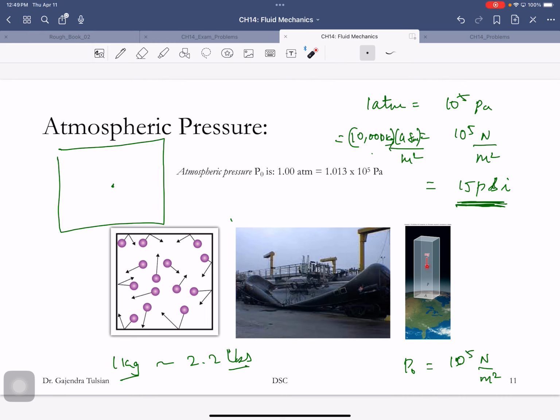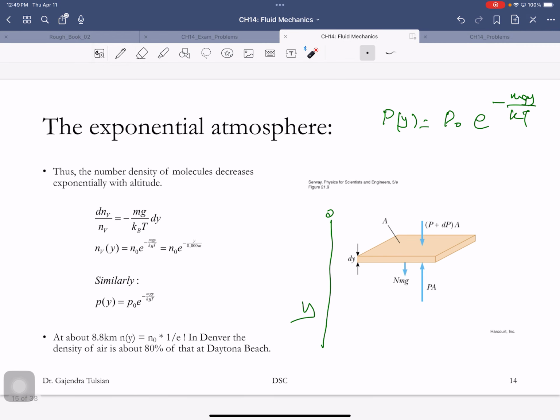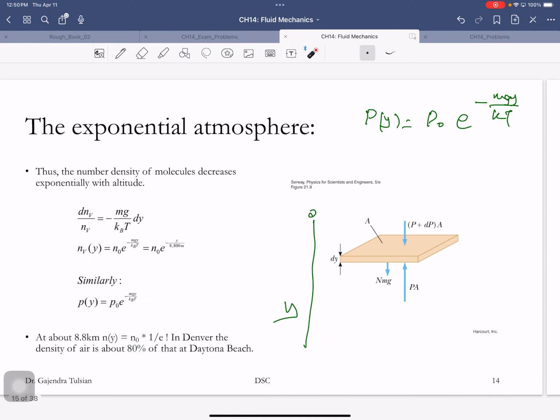So on top of Mount Everest, the density of air is 35% that of ground density. Denver, which is only about a mile high, 1.6 kilometers up, the density has already decreased to 80%.